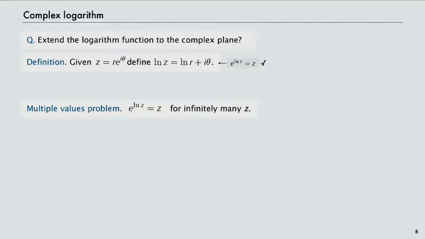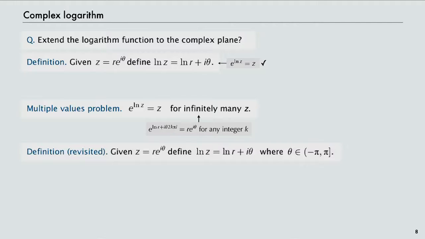But you still have the multiple values problem, because you can, again, add a multiple of 2 pi i and still have e to that number equal z. So again, we want to define log z where theta is restricted to be in the interval from minus pi to pi.